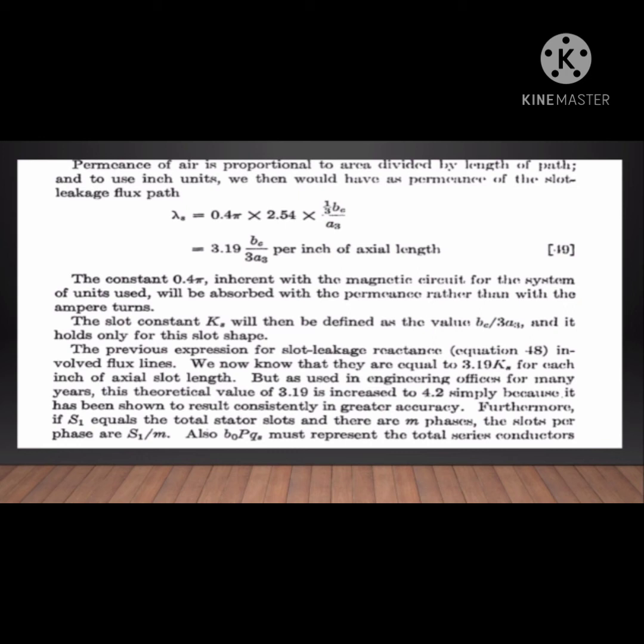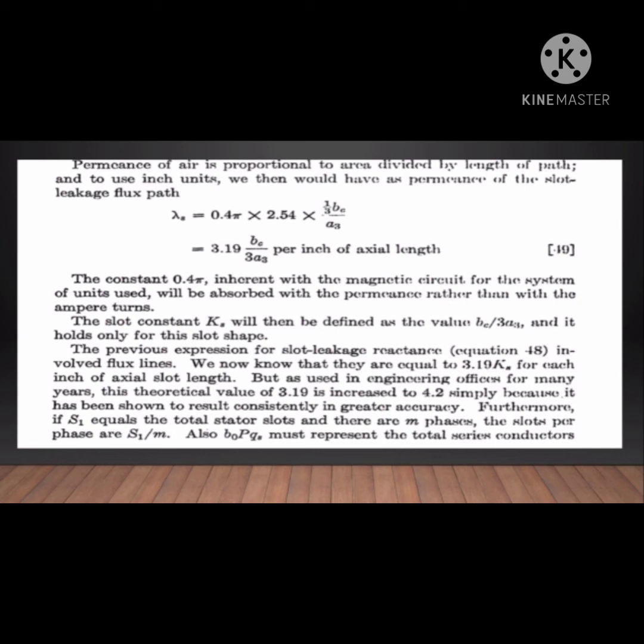Furthermore, if S1 equals to the total stator slot and there are m phases, the slot per phase are S1 divided by m. So, ang S1 natin is a total stator slot. Ang m natin is phases. So, yung magiging slot per phase natin is S1 all over m.